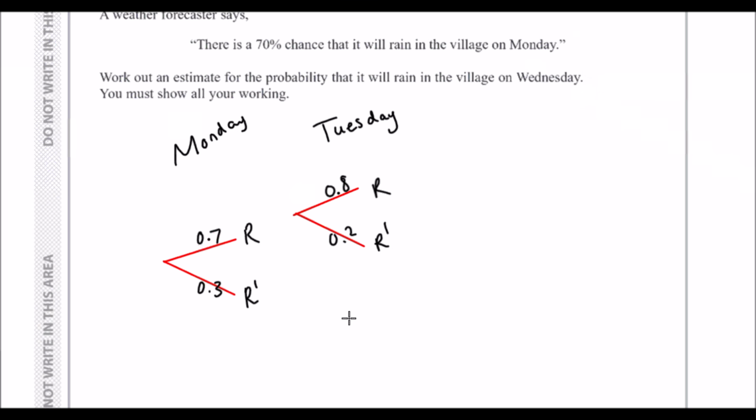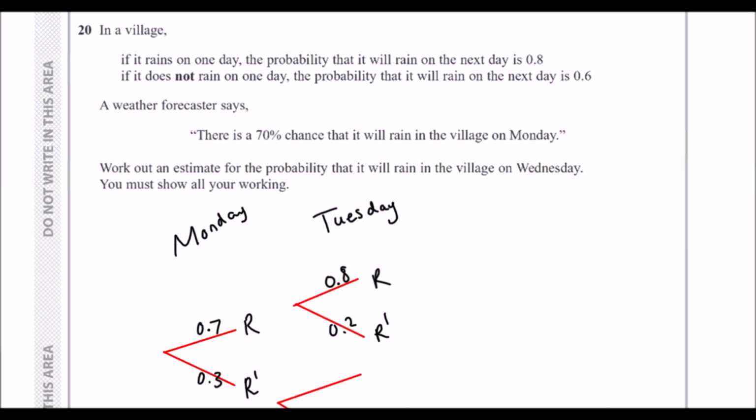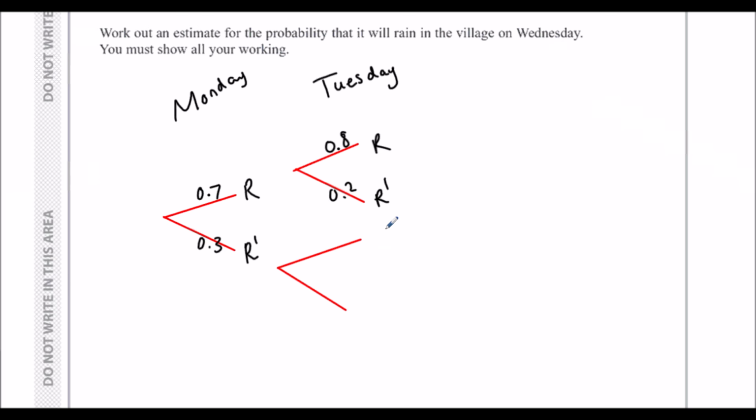And then if it didn't rain on Monday, if it doesn't rain one day, the chance it rains the next day is 0.6, which means the chance of not raining is 0.4. And then on to Wednesday.